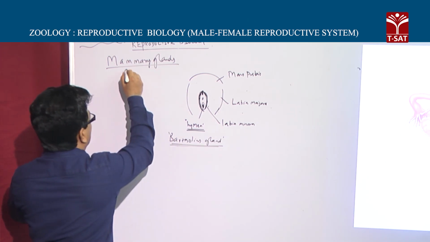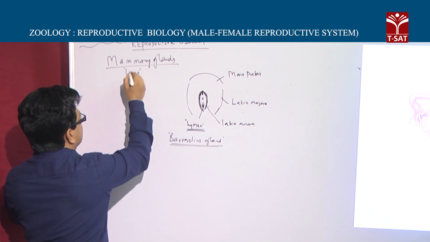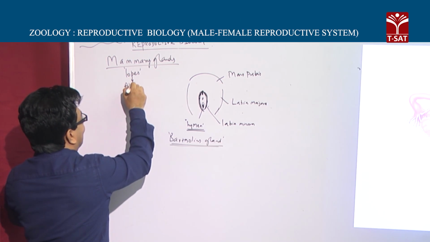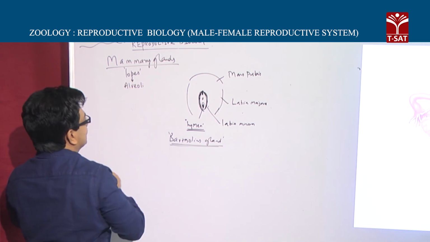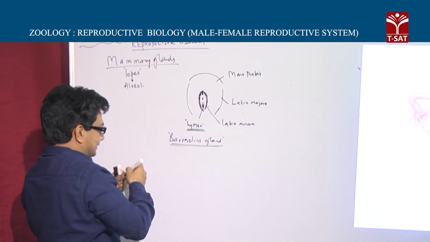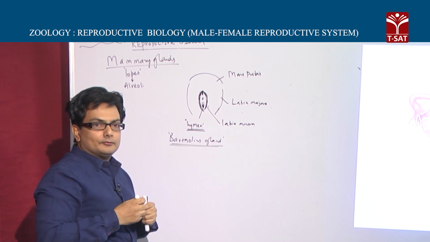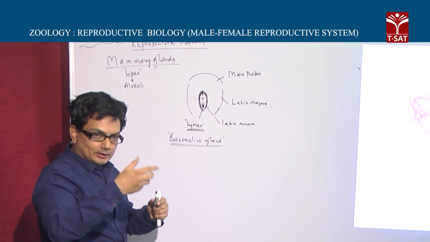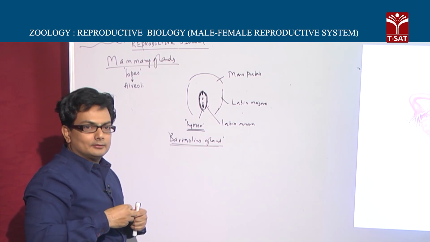The mammary glands will have lobes. The lobes will have alveoli. I think this is the site where the epithelial cells are present to make the milk in a female.